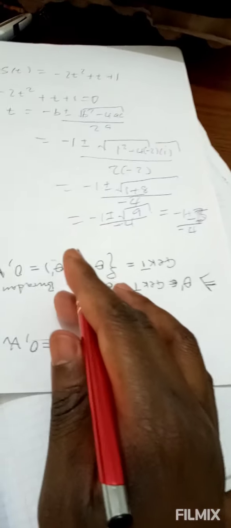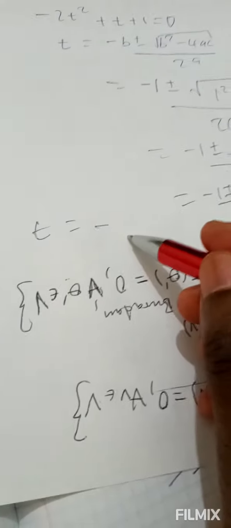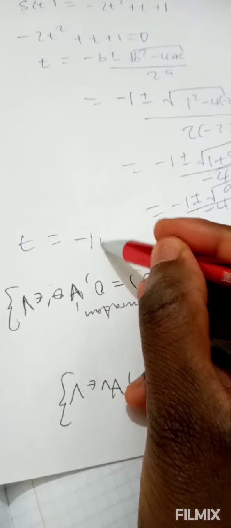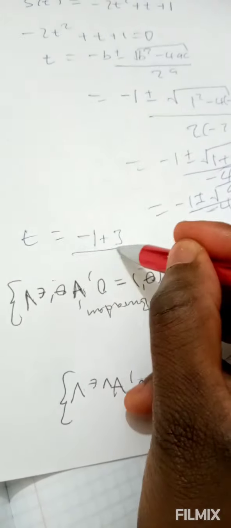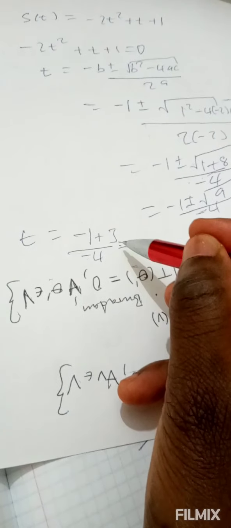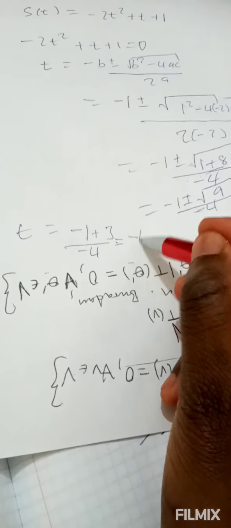So time will be either minus 1 plus 3 over minus 4. That is 2 over minus 4, which is minus half.